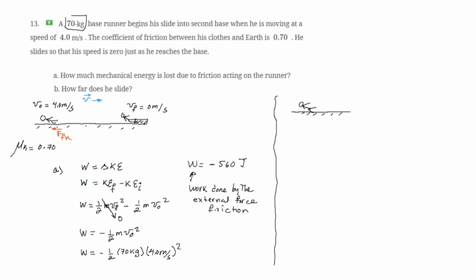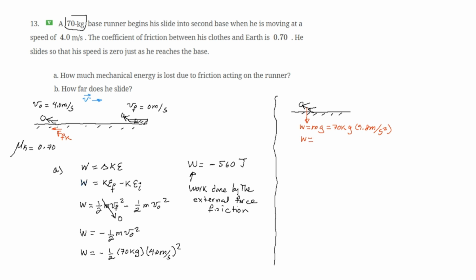So the weight of this person is the product of the mass times the gravity. So it's 70 kilograms times 9.8 meters per second squared. So the weight of this person is 686 newtons.